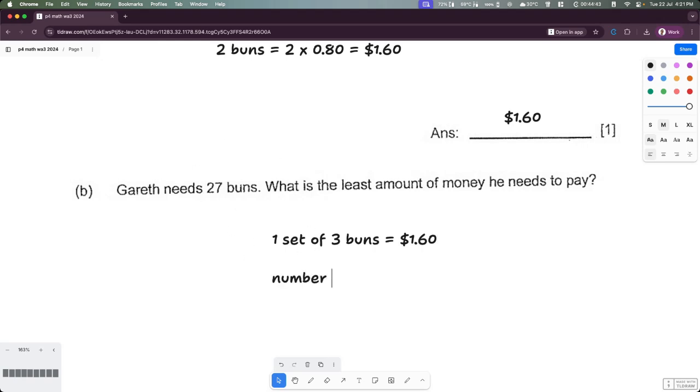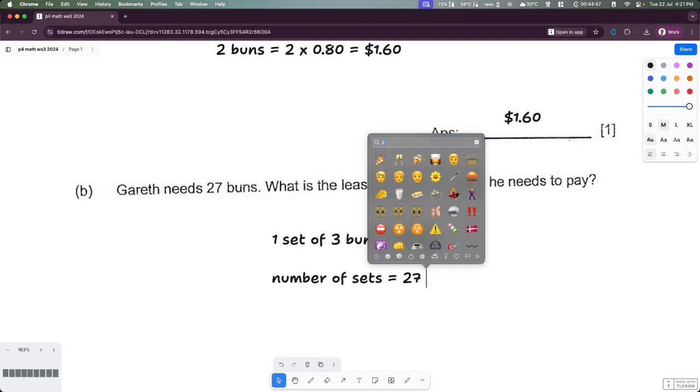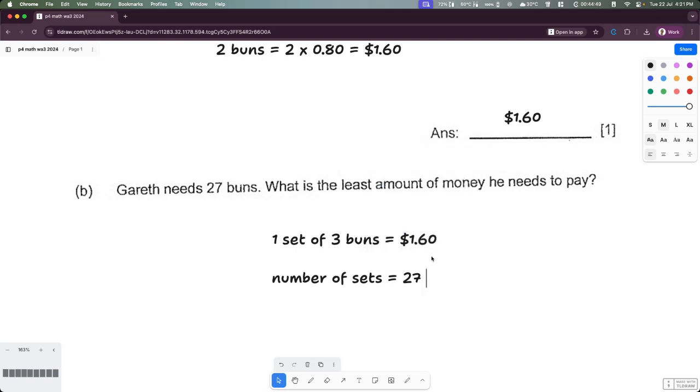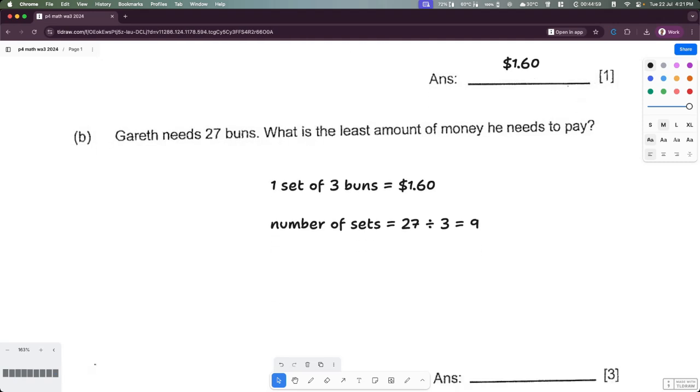Number of sets is 27 divided by 3, because 3 buns per set, which is 9, from the 9 multiplication table. So the cost is 9 times $1.60.